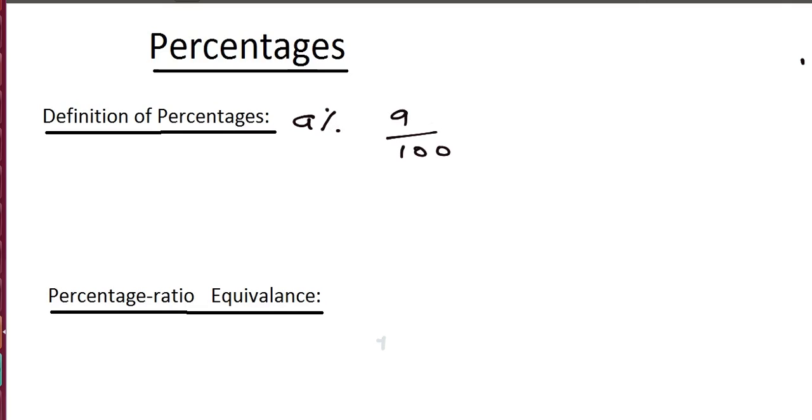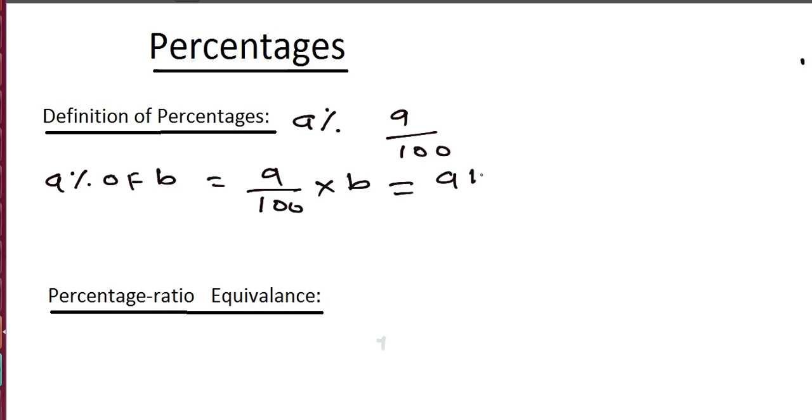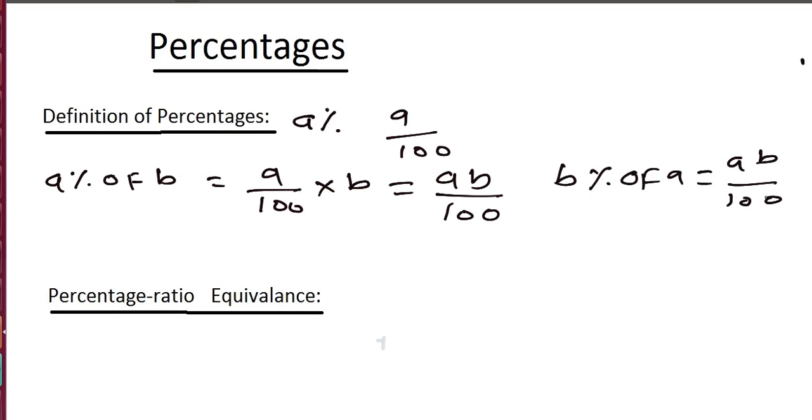Now when we say A percent of B, we mean A by 100 into B, or AB by 100. This is the same as saying B percent of A, which is also equivalent to AB by 100. So percentage really means for every 100.